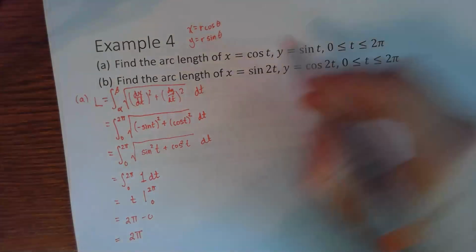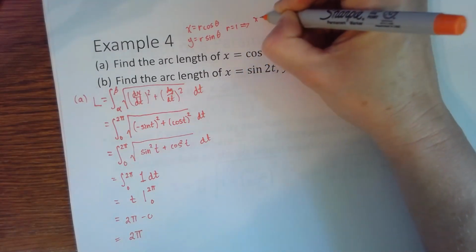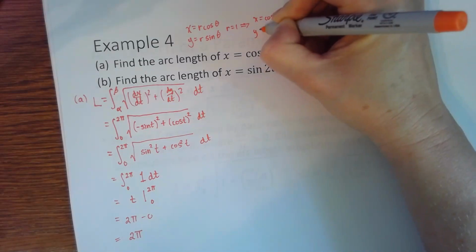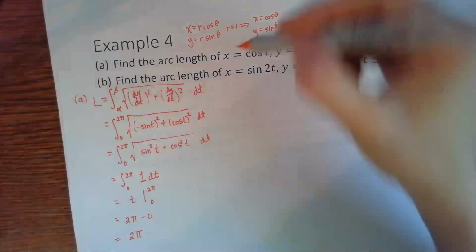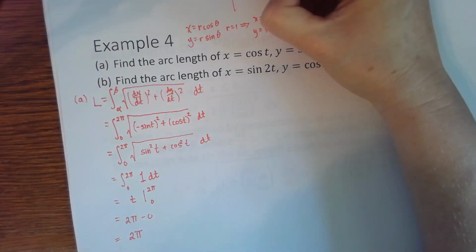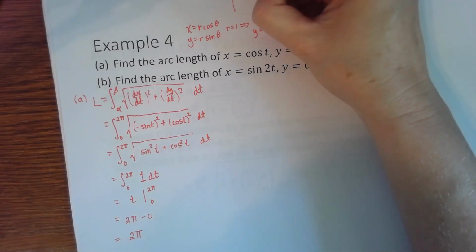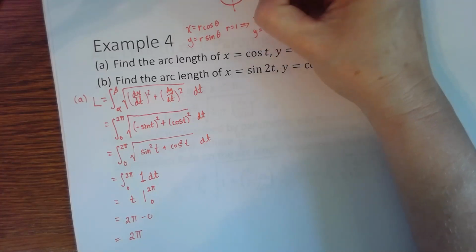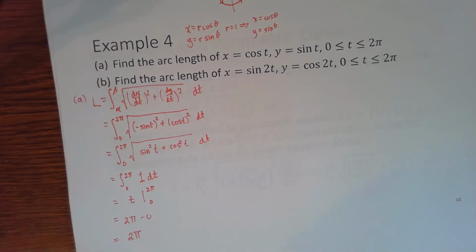And so if I have an r value of 1, that's going to give me x equals cosine theta and y equals sine theta. And that's exactly what I have. Okay, so we're talking about the circle, that starts here at 1, and then it goes around this direction counterclockwise.